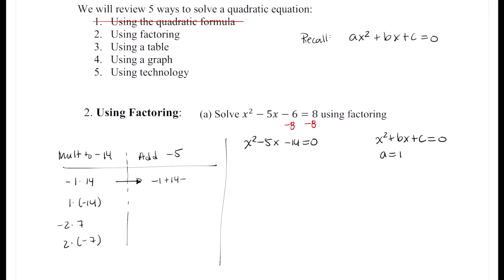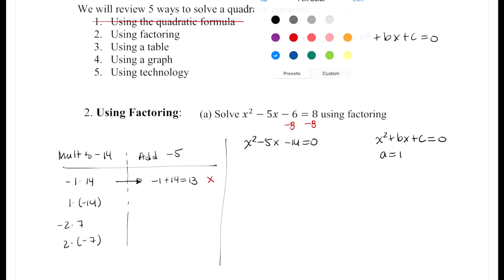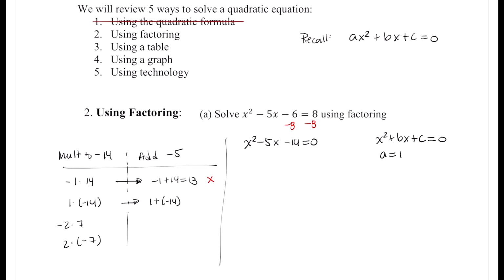Negative 1 plus 14 is 13, so this is not it. 1 plus negative 14 is negative 13, so this is still not our correct answer. Negative 2 plus 7 is equal to 5, so we're getting close, but still we're not at negative 5. And now let's add 2 plus negative 7 equals negative 5, and finally, we are done. These are the two numbers we were looking for.